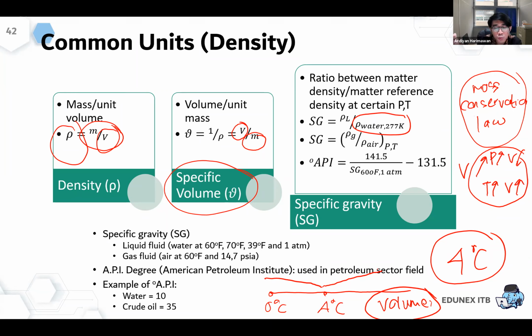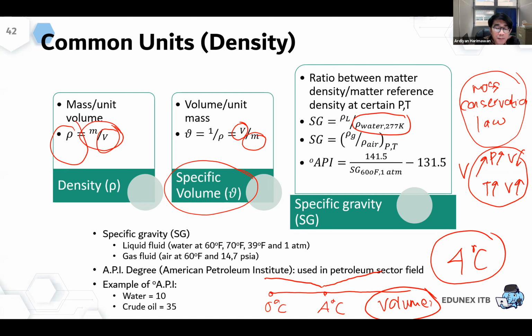So when you cool down the water, the volume, of course, is not significantly reduced because water is incompressible. But if you decrease the temperature, the volume of the water will be slightly decreased until it reaches 4 degrees C. If you further cool down the water, the volume increases again.